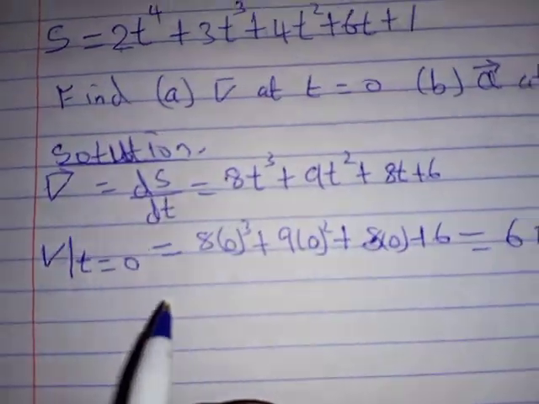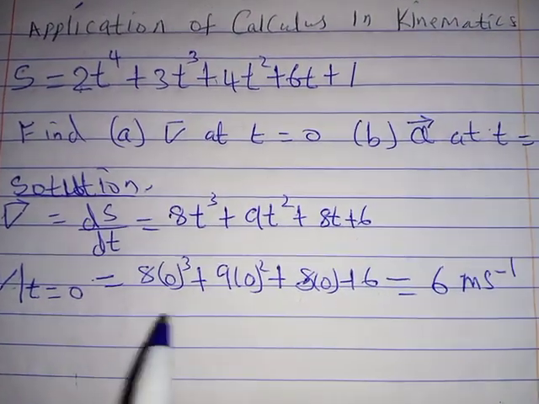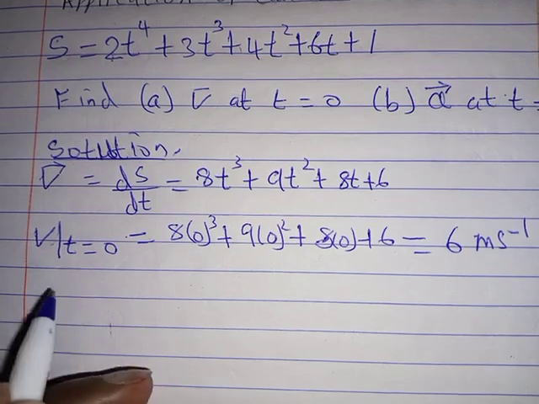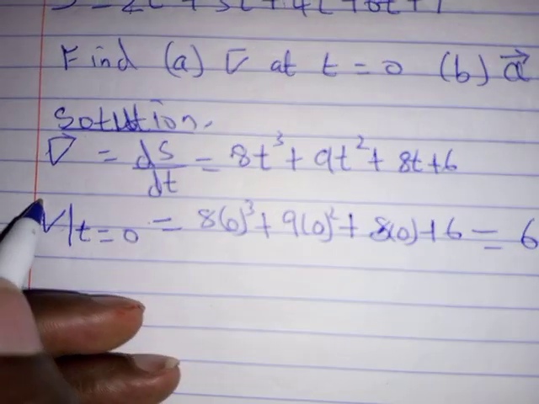So that is how you can apply calculus to determine the velocity of our body at t is equal to 0.